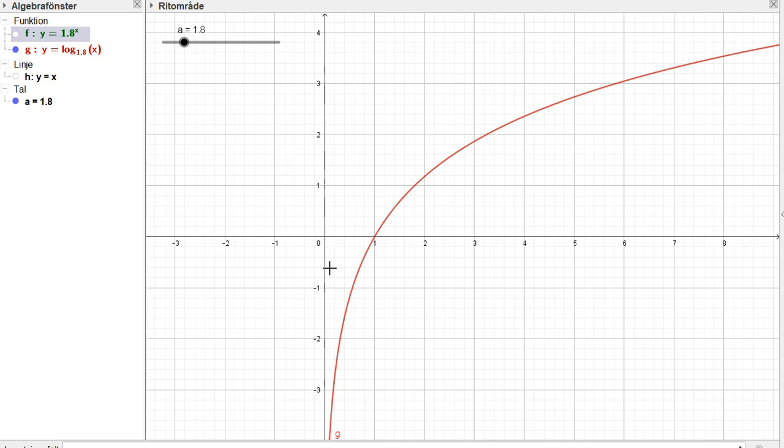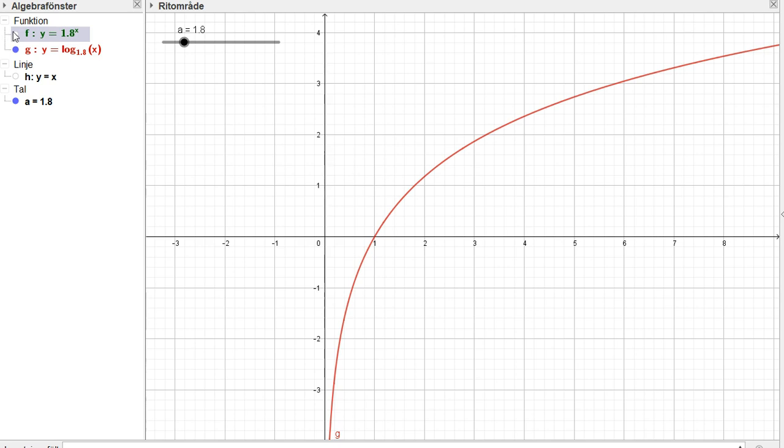So our asymptote is when x is equal to 0, that's the vertical axis. And then you can also see that my domain is when x is greater than 0, but our range is all real numbers.